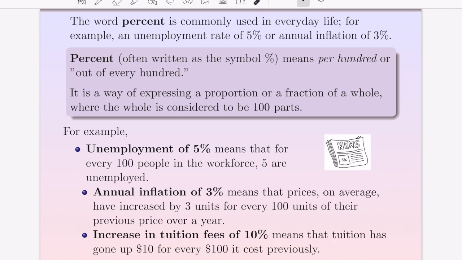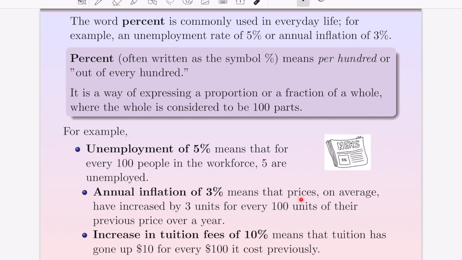It is a way of expressing a proportion or a fraction of a whole, where the whole is considered to be 100 parts. For example, an unemployment rate of 5% means that for every 100 people in the workforce, 5 are unemployed. Annual inflation rate of 3%, what does that mean?